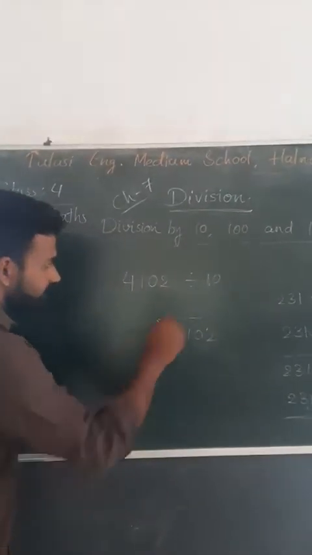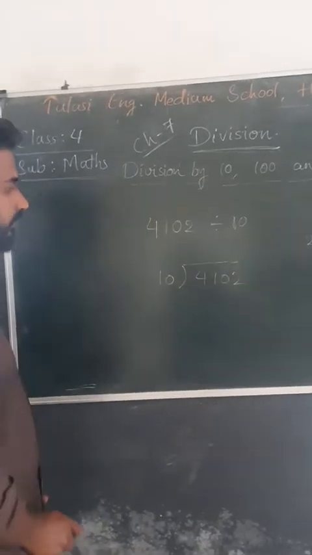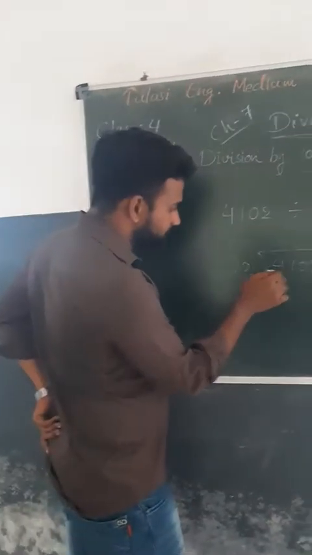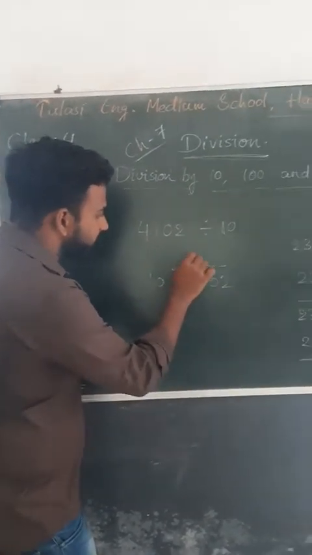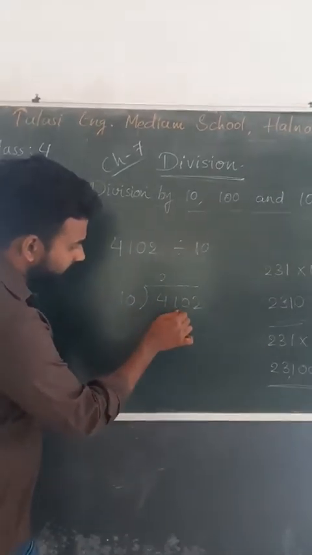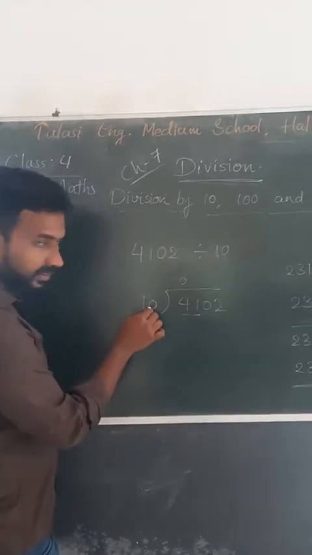4102. See, I am going for actual division by 10. In 4, 10 will not go because 4 is smaller than 10. So 0. I am taking one more digit. Now it is 41. In 41, 10 goes 4 times.